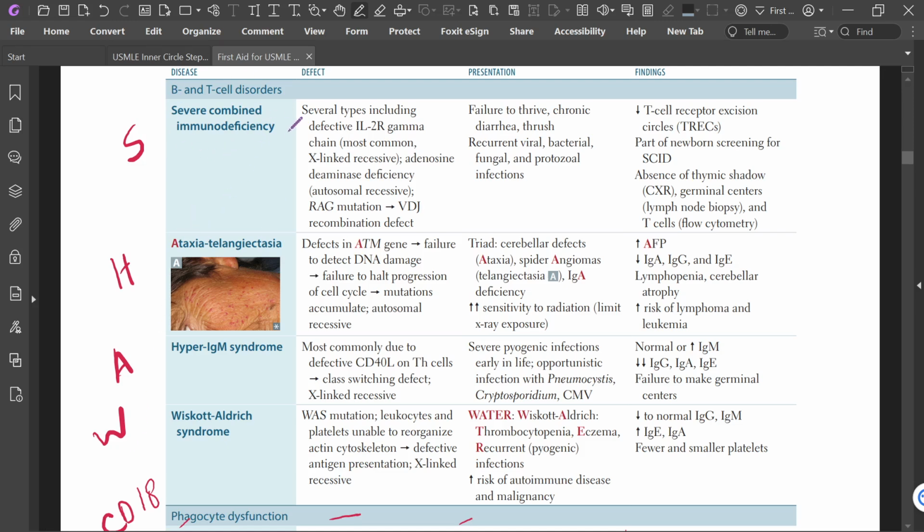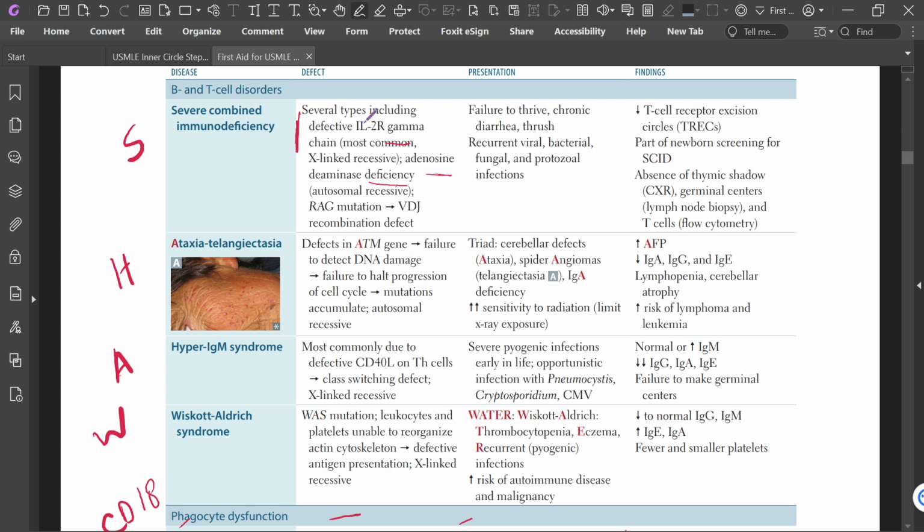Severe combined immunodeficiency disease. What happens in SCID? There are several types, including defective interleukin 2R gamma chain, which is the most common and is X-linked recessive, and adenosine deaminase deficiency, which is autosomal recessive.